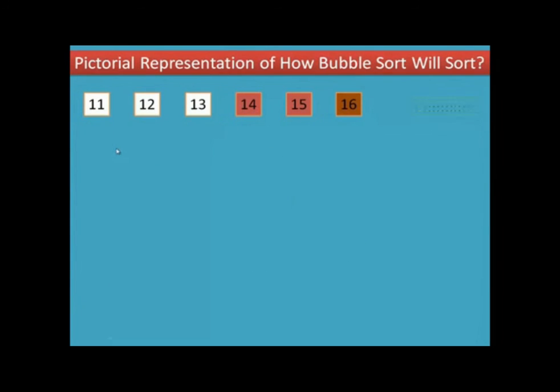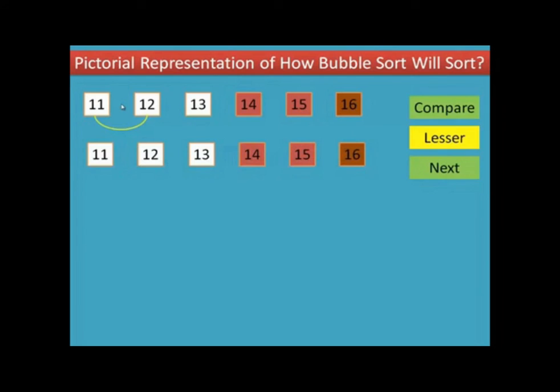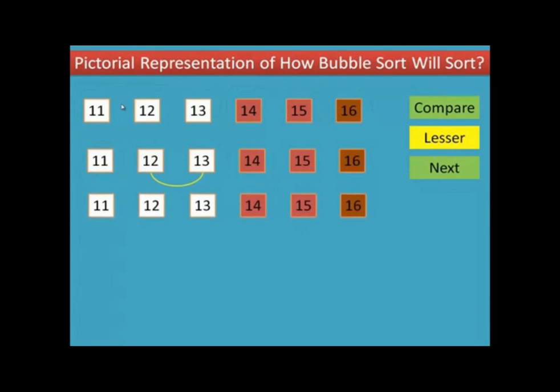Comparing 11 and 12, 11 is less than 12, so no swapping. Then comparing 12 and 13, 12 is less than 13, and 13 comes to its position. Now 13, 14, 15, 16 are in position. We look at 11 and 12. Comparing 11 and 12, 11 is less than 12, and 12 comes to its position.